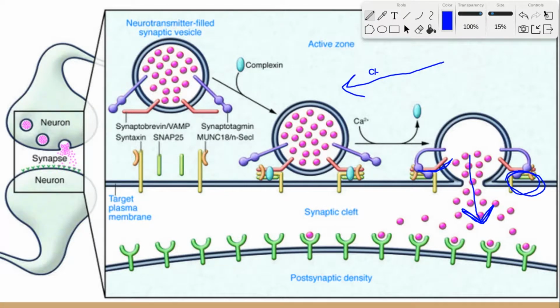And without calcium, we don't see complexin getting ejected, and we don't see the activation of synaptotagmin. So chloride prevents the opening of these voltage-gated calcium channels because the voltage required, the depolarization required, would be inhibited by chloride.